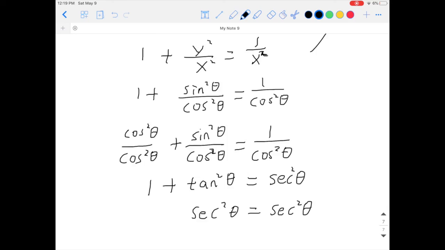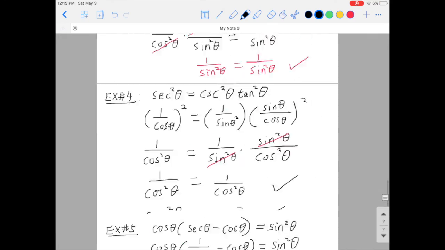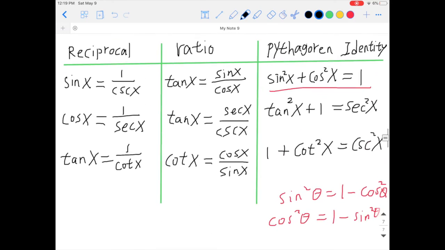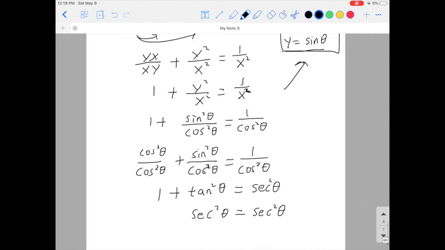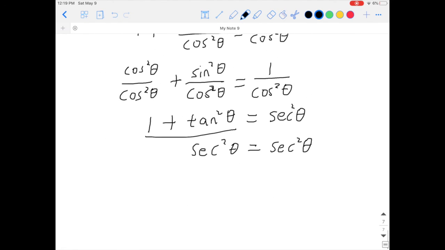So we want 1 plus tangent squared theta. 1 plus tangent squared theta is right here, the second one: tan x squared plus 1 equals secant x squared. So we apply the formula right here. It's equal to secant x squared, and secant x squared equals secant x squared.